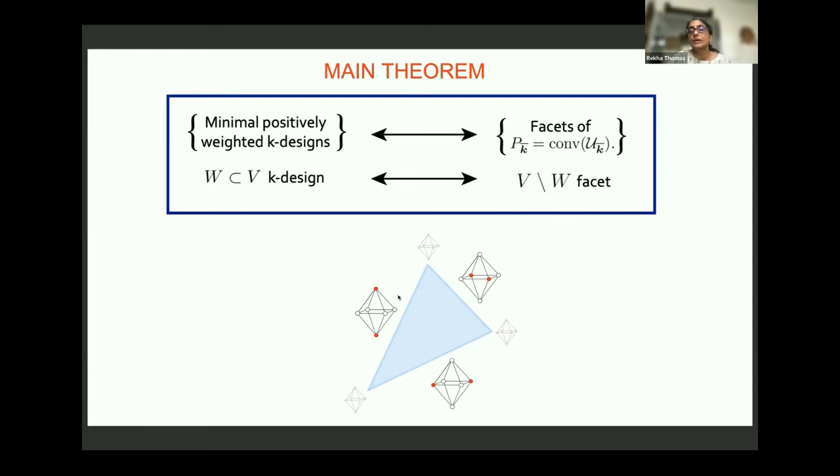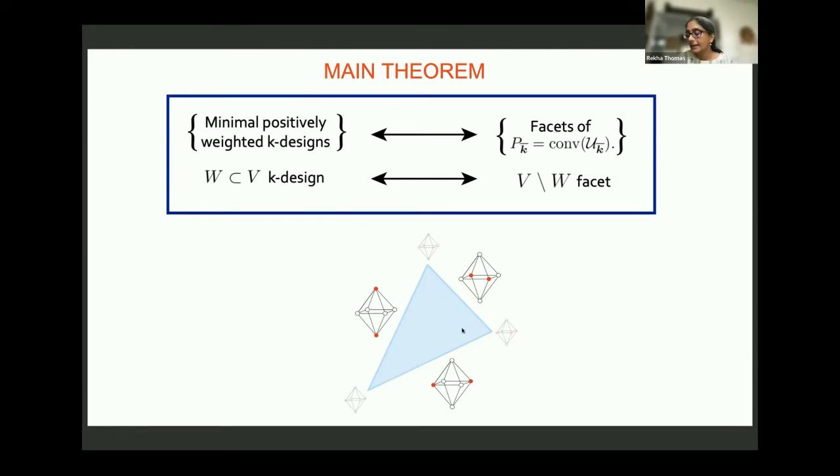The other faces, the vertices, also correspond to positively weighted k-designs, but not minimal ones. The theorem is actually about all faces of the polytope, but the minimal ones are on the facets, and as the faces get smaller in dimension, you get less and less minimal k-designs. This is just a cartoon to illustrate the theorem.